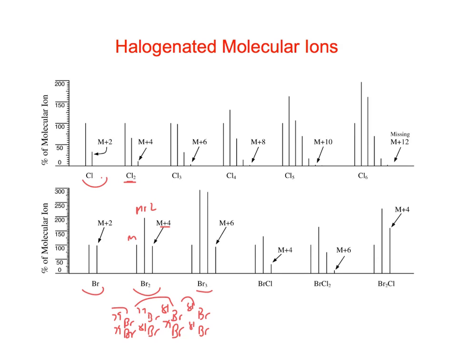Very helpful. Especially with chlorines and everything in there, it's a little hard to tell. The one thing we can tell is that these come from a mixture of halogens, because all of these peaks are always 2 mass units apart.